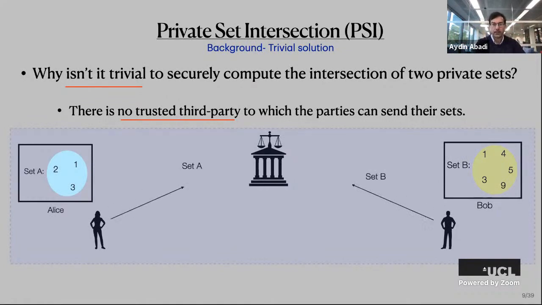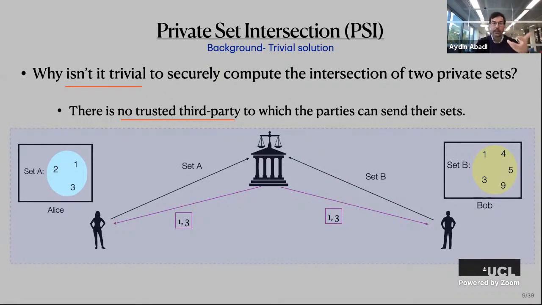This trusted party could compute the intersection because it has got everything in plain text. It needs to compare and find the elements in common and send the results to the parties. However, we do not want to use this setting.